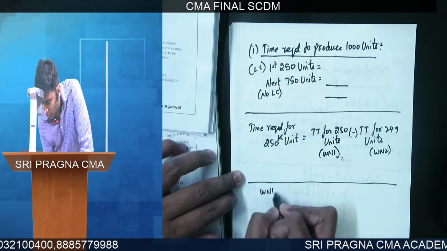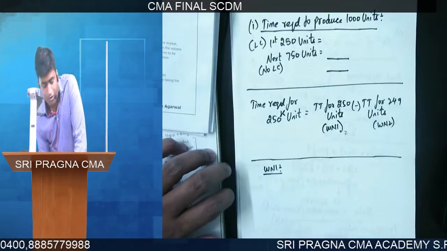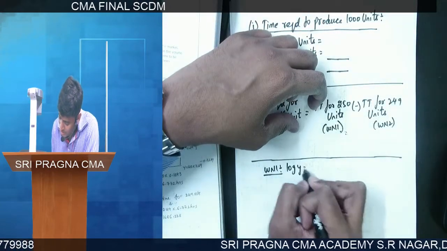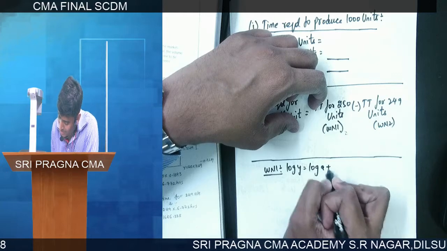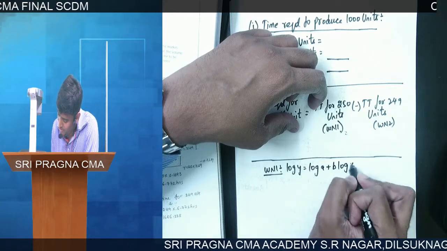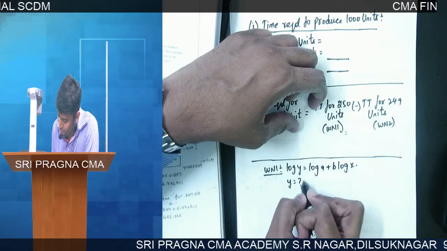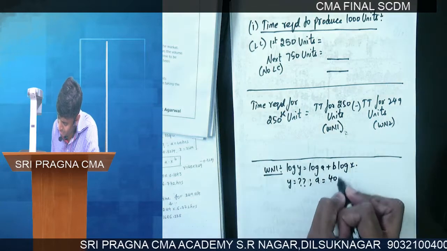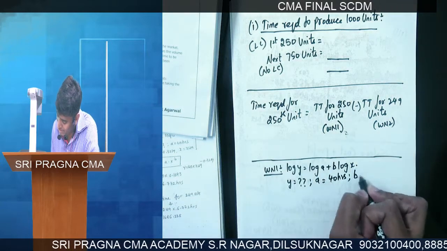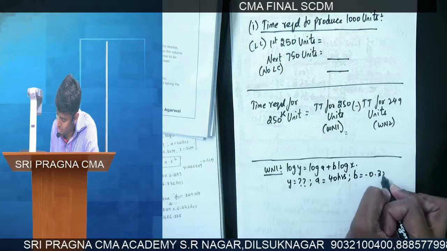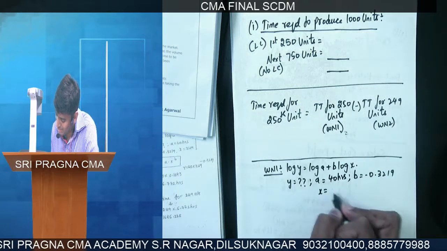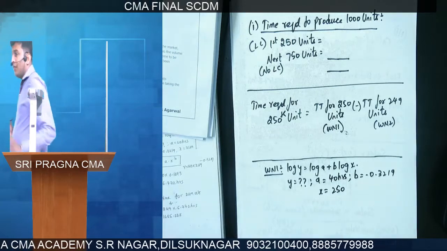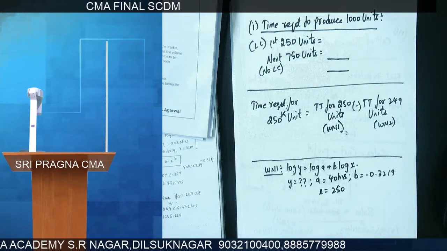So now working note 1. Tell me the formula. Log a plus... a is how much? 40 hours. b is how much? 0.3219. x is how much? 250. But if you observe the problem, what is it?